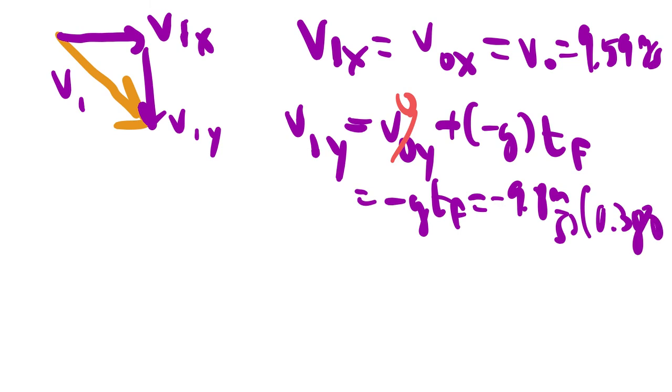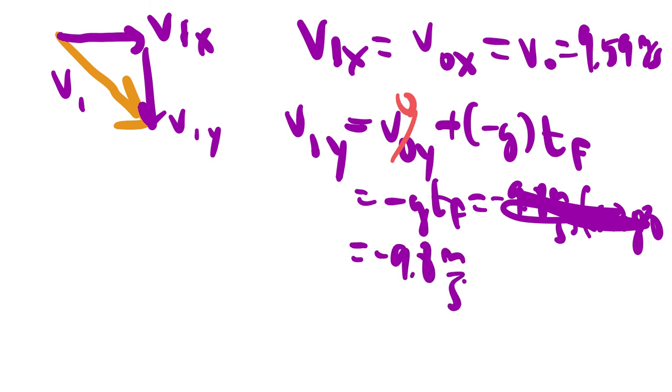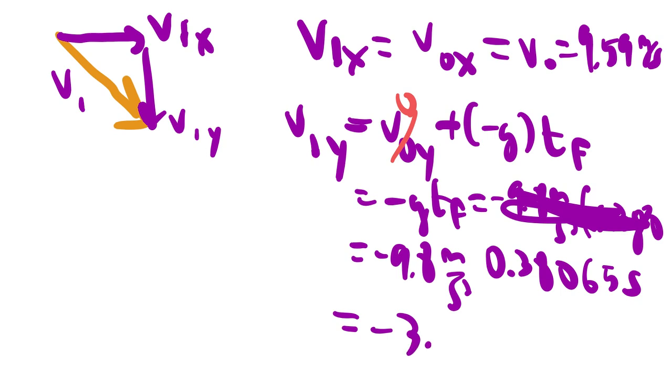Let's do this over here. Minus 9.8 meters per second squared times 0.38065 seconds, which is something like minus 3.73 meters per second. But we have to be careful because neither of those are actually what we wanted. We want the actual speed.